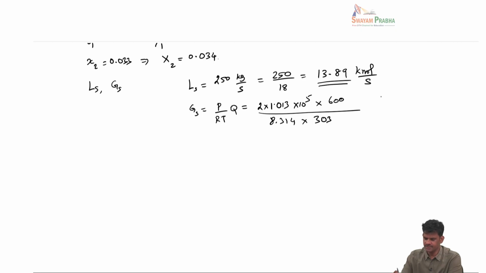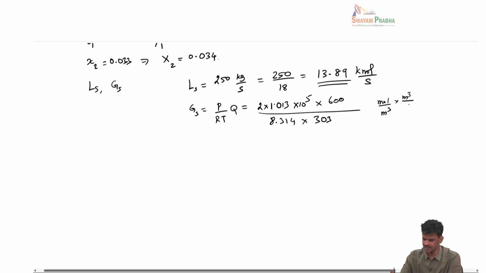So the units of this expression would be moles per meter cube times meter cube per second, so basically moles per second. If you solve this, you will get GS as something like 48.2 kilomole per second.